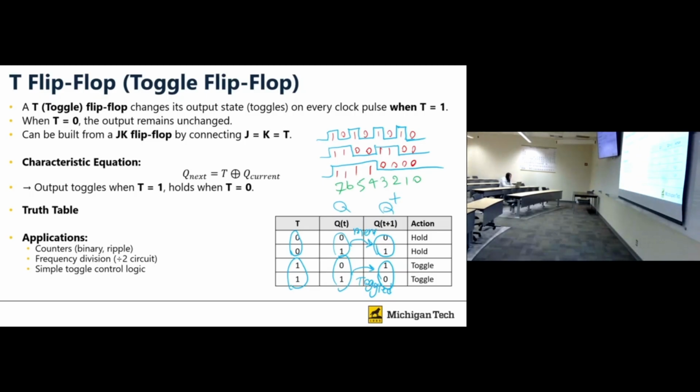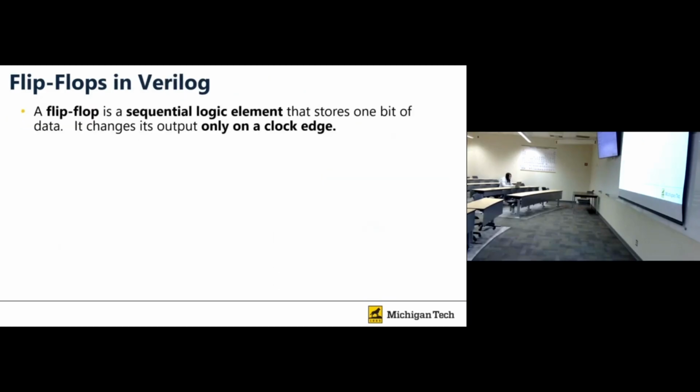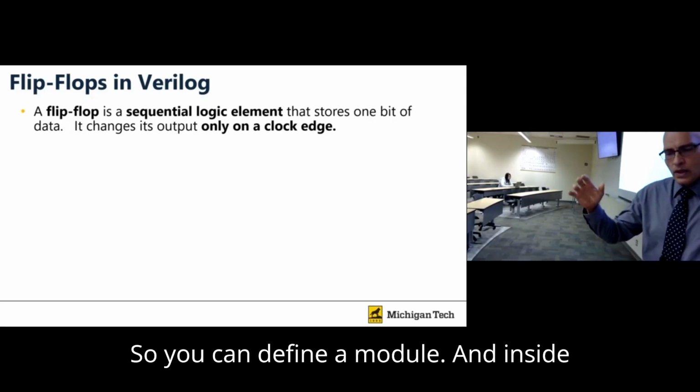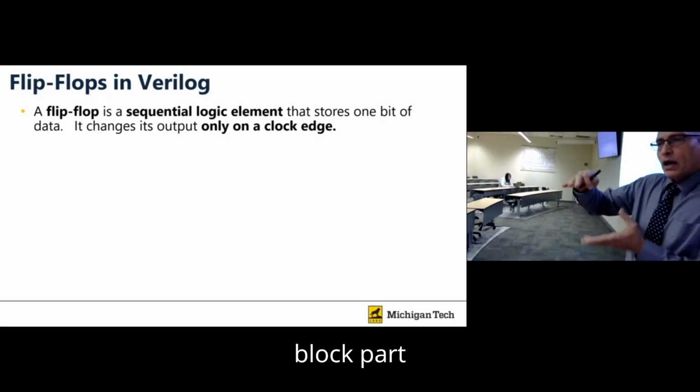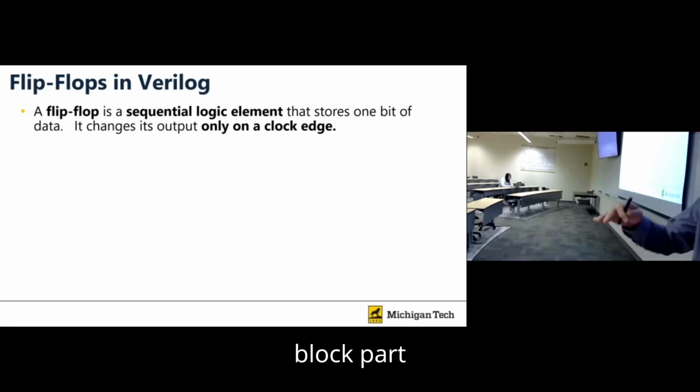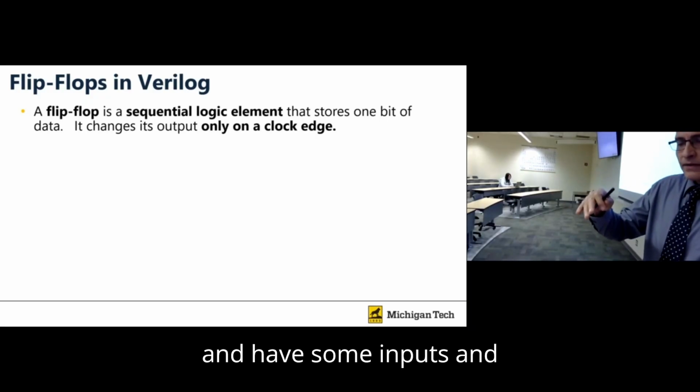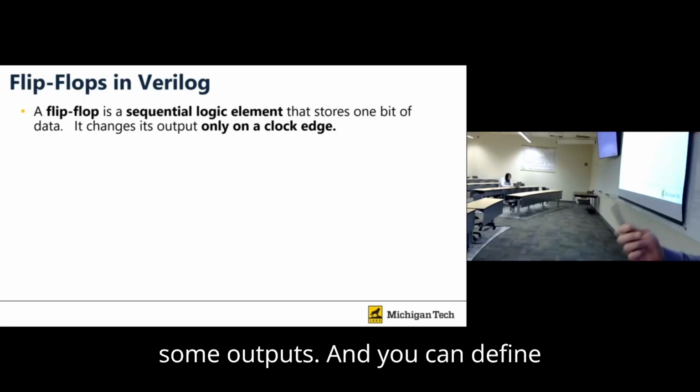Okay, so how can we work with flip-flops in Verilog? In Verilog, we have a module. You can define a module, and inside the module you can have an always block, have some inputs and some outputs, and you can define a clock.